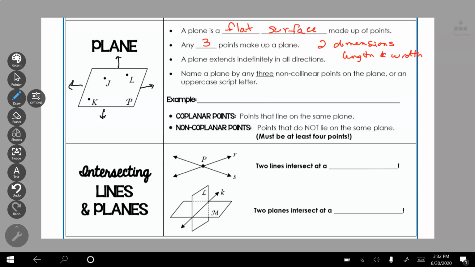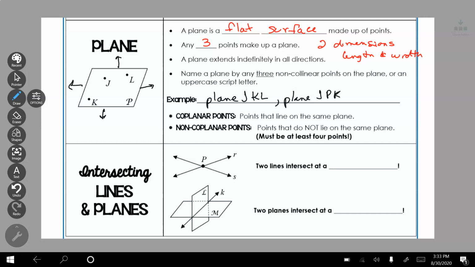So when I want to name a plane, I use the letters. I could call it plane, any 3 letters on here, J, K, L. It doesn't have to be in order. I could call it plane J, P, K. Whatever you want to call it.